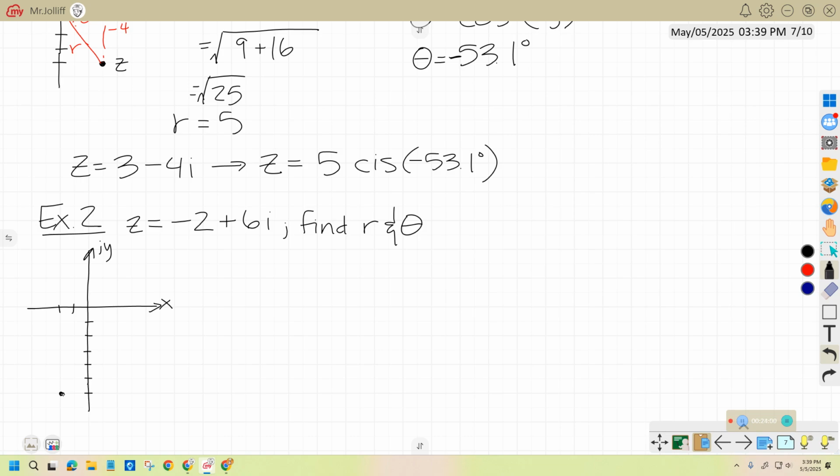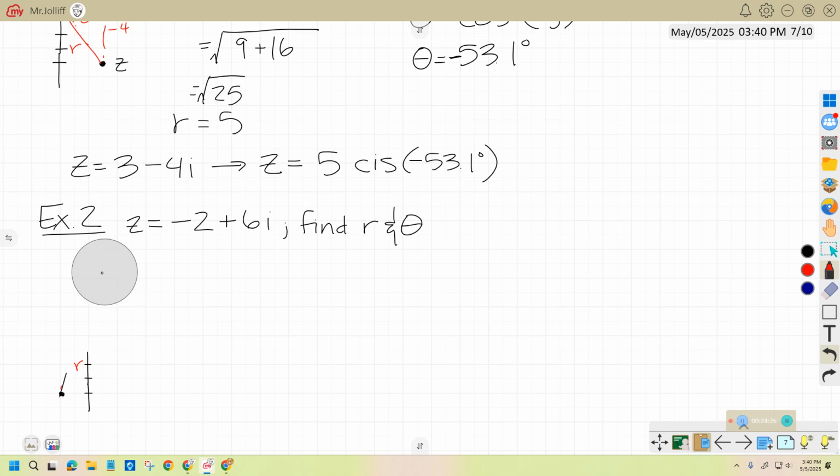So I'm sitting right here. Draw my picture. Here is my r. Here is my theta. This is -2. This is -6. Did I do that correctly? It's -2, +6. No, I've got it down on the wrong side.